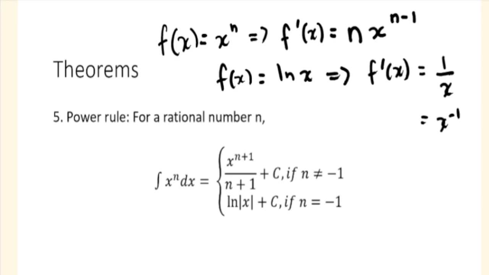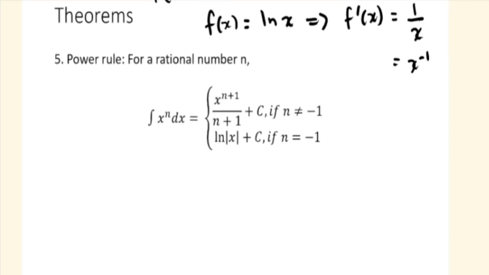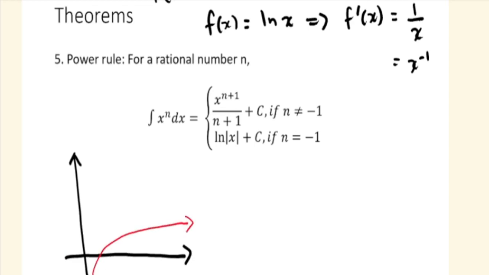Technically, that holds true, but if we would recall, ang graph ng ating ln x looks something like this. It's only defined for x greater than 0. So, dapat positive yung value ng x.